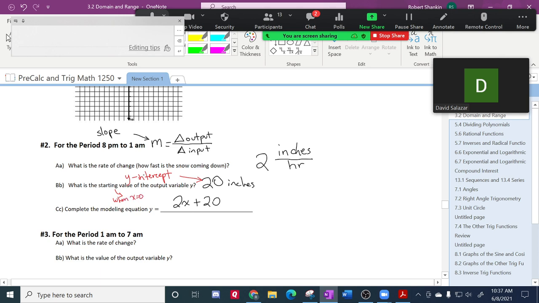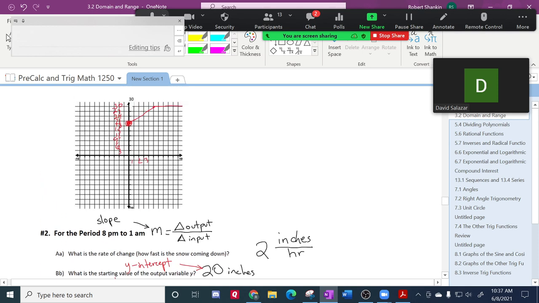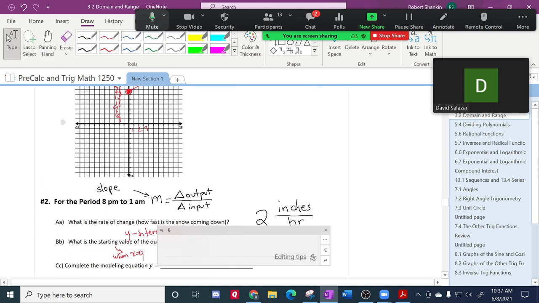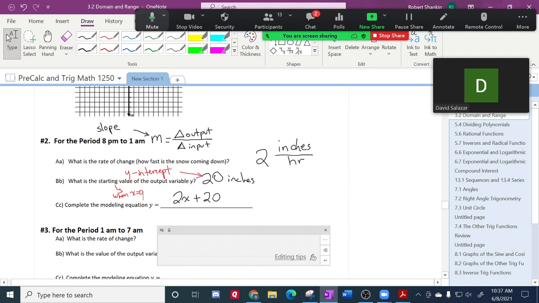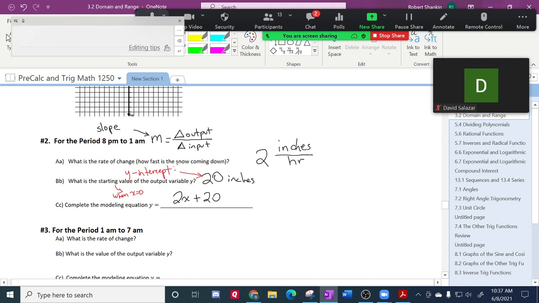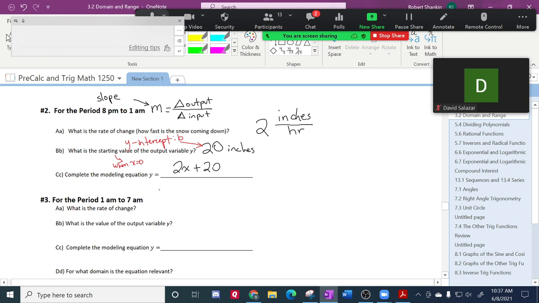When x is 0, you don't go over left or right, you just go straight up on your graph, and your y-intercept is 20. And so we have the slope and the y-intercept. The letter we tend to use for y-intercept is b. And this is y equals mx plus b.